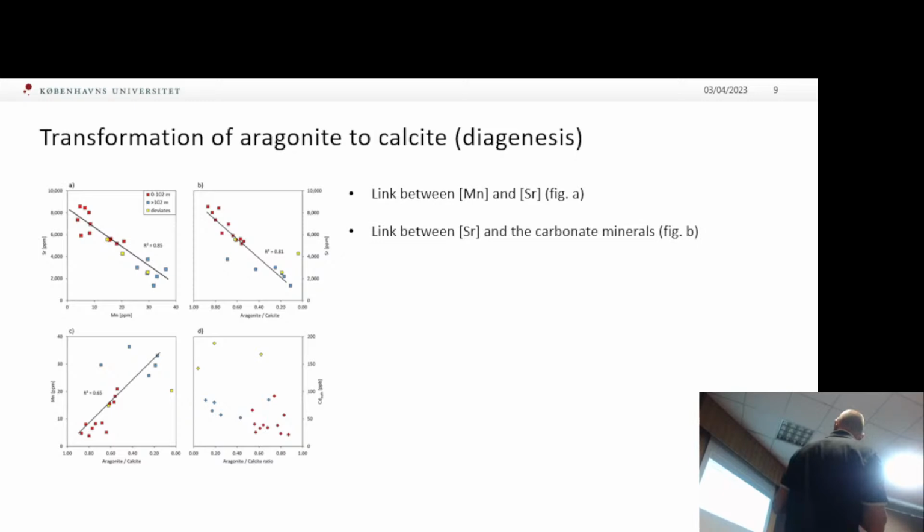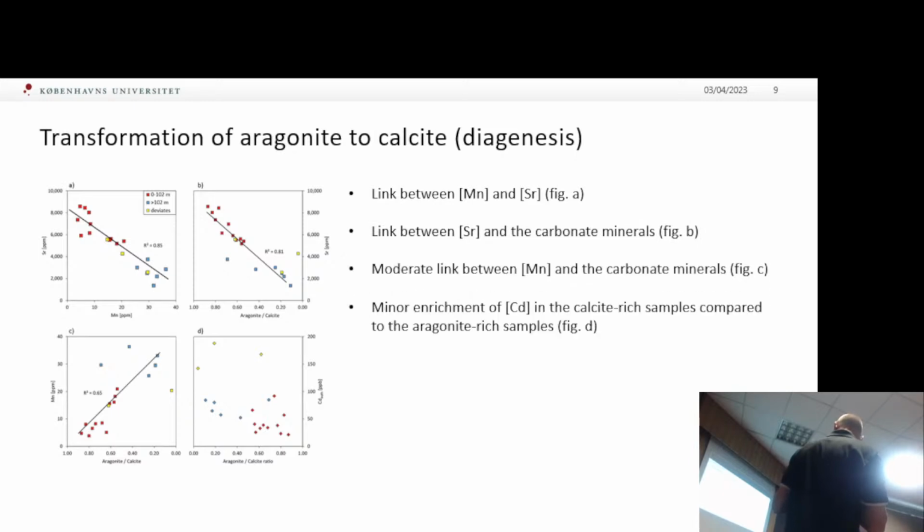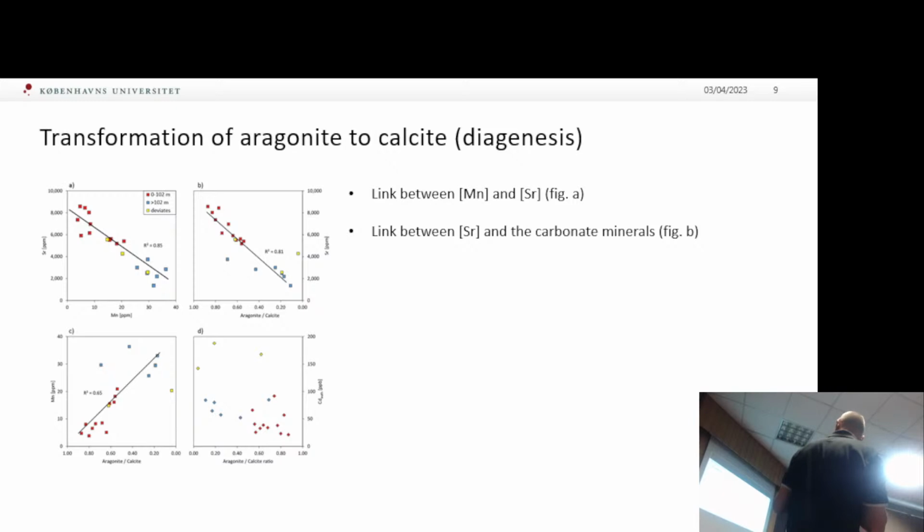Also, the link between strontium and the carbonate minerals. We have the aragonite calcite ratio here, and strontium up here, and there's also a clear link between these.